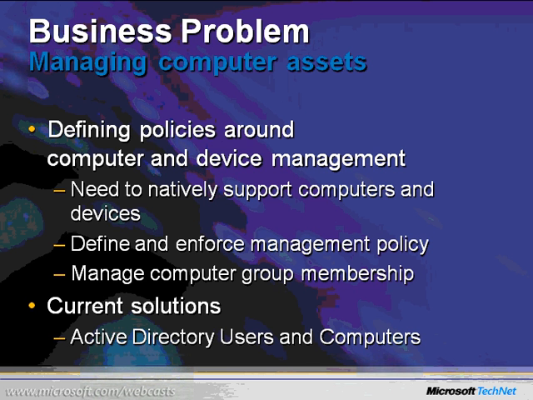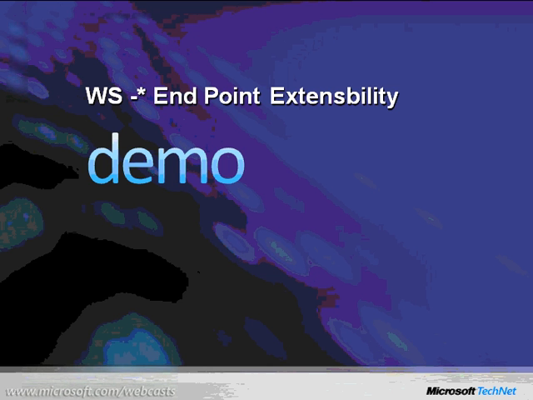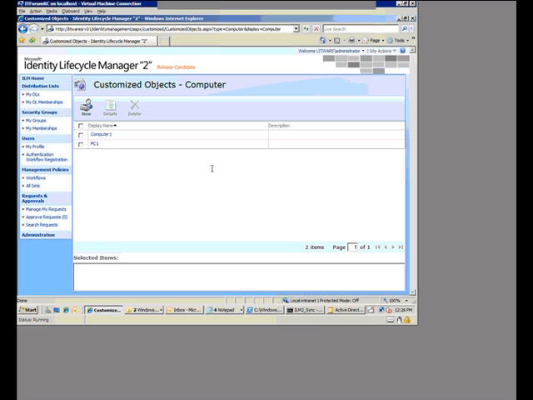So rather than going through that user interface and entering that information for every computer we want to create, what if we want to have a client on top of the web service that does a bulk creation of computers from external files? So in this case, what we need to do is take advantage of our web services endpoint extensibility. Let's dive back into the demo now and take a look at how we can take advantage of our web services endpoint to produce custom functionality.